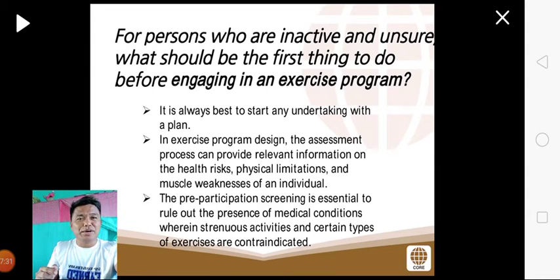If you're not ready or inactive or unsure, what are you going to do first? Plano sa una, because if you have no plan, you may get injured.